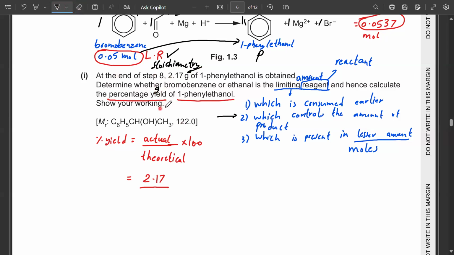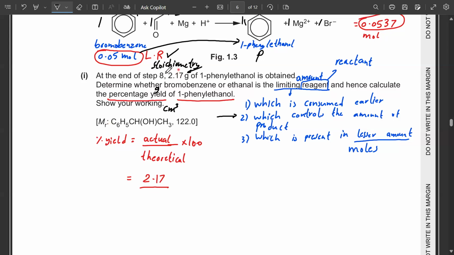But it can be in volume as well if the product is a gas. They can also give the amount in cm cube. The percentage yield would be calculated if they give the amount in either gram or volume, not in concentration, not in moles.